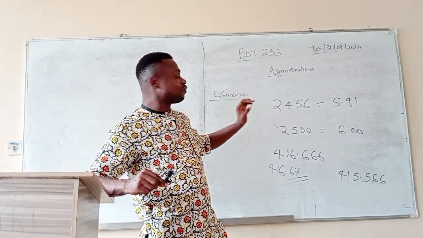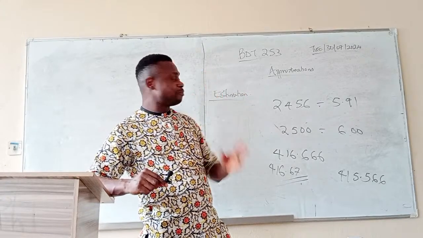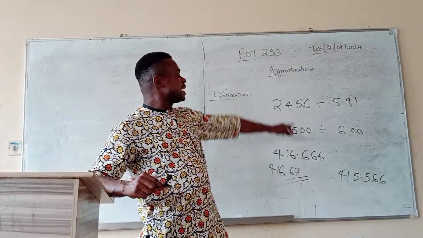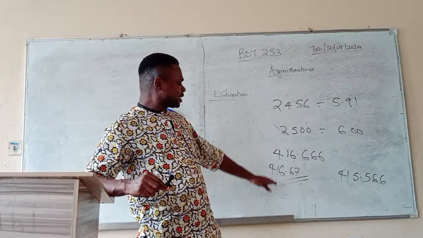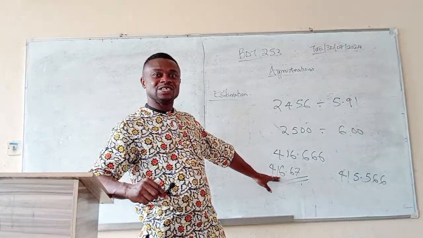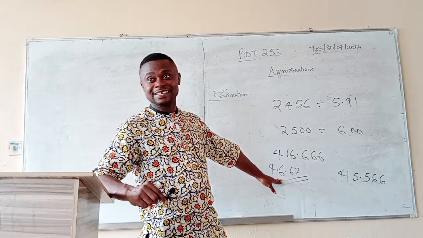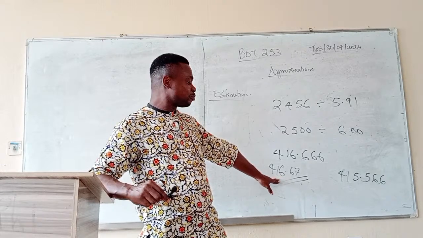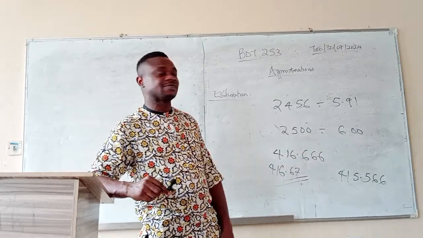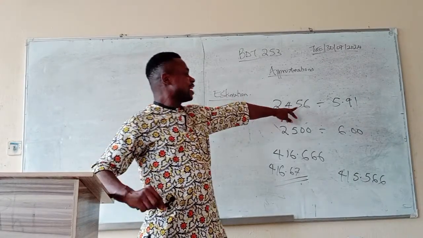Your issue is to find out what the result will look like. Without passing through the stress of long division, you can just look at it and say, okay, here is 5.